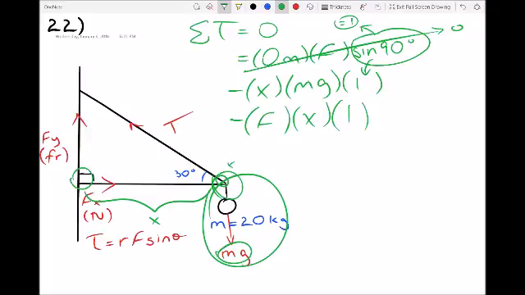Now, to find this unknown force, we can see in a right triangle that this is the upward force right here.